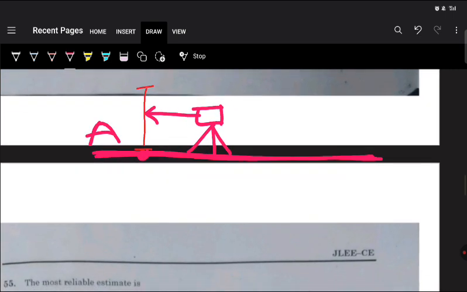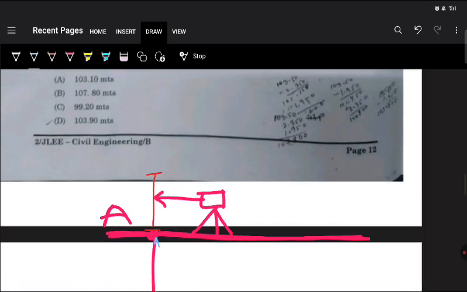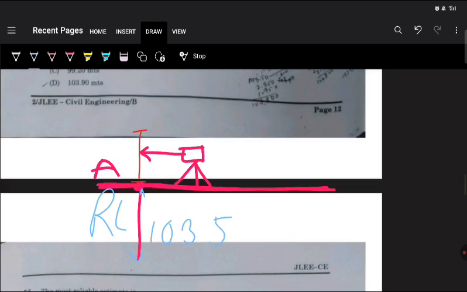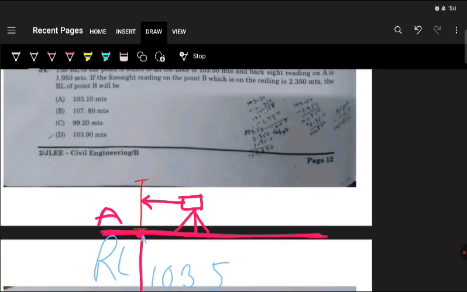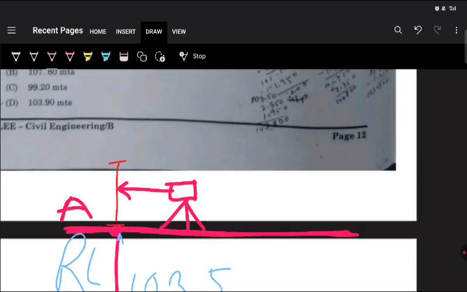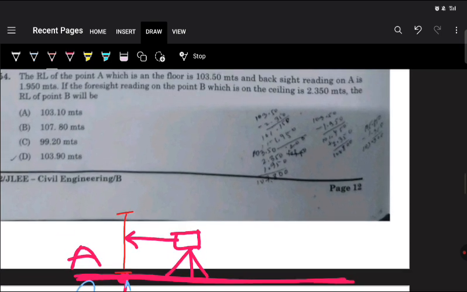The RL of point A is given, that is 103.5. Now the height of the ceiling, the foresight of the ceiling, is also given. This backsight reading is taken on A, that is our 1.950.